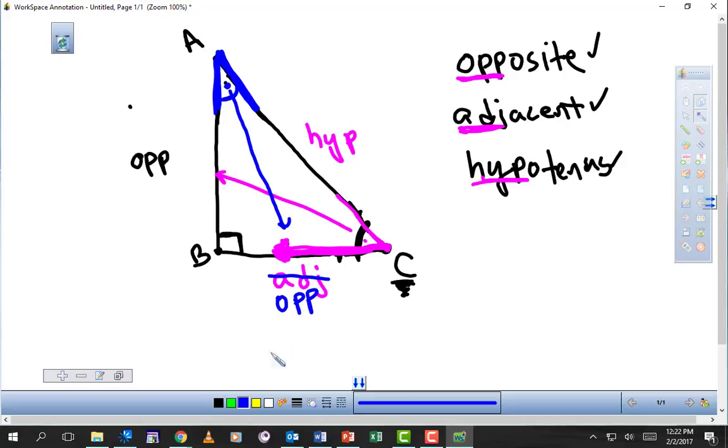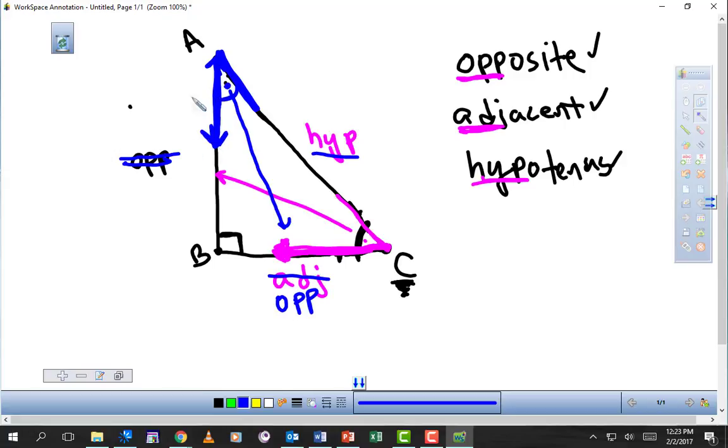So from A's perspective, this is the opposite side. The hypotenuse is the same because that's always the long side. But from angle A's perspective, this is no longer the opposite side. Remember, the adjacent side touches. So this side comes out this way and comes down this way, and there's my big arrow.